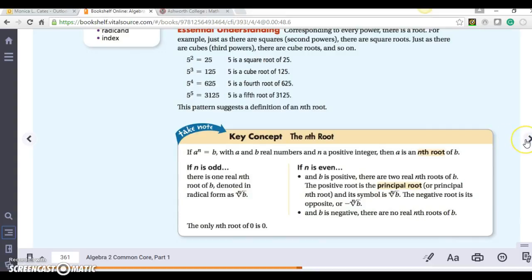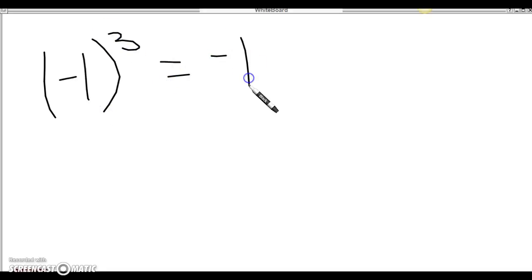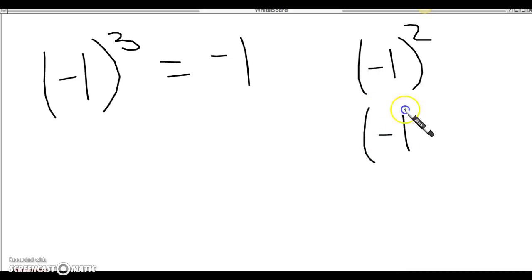I can show you a little example of this. Whenever I take negative 1 to the third power, that's going to give me a negative number. If I take it to the fifth power, it's going to give me a negative number. However, when I take negative 1 to an even power, it's always going to come out positive.